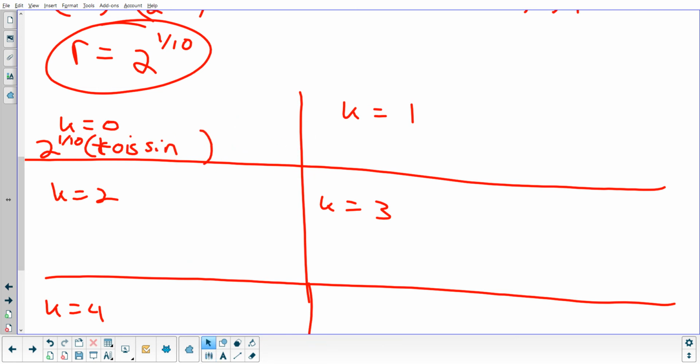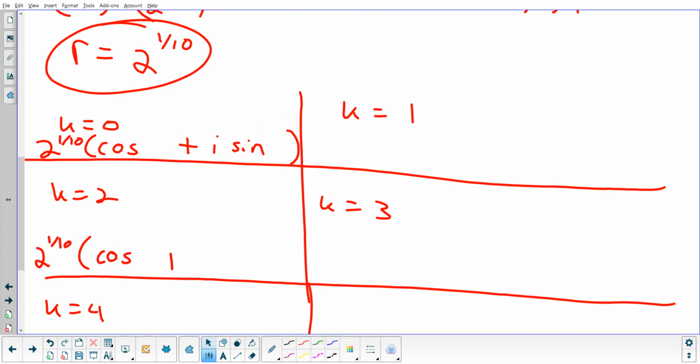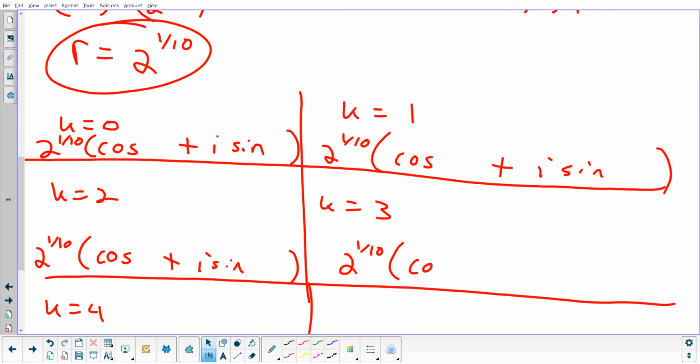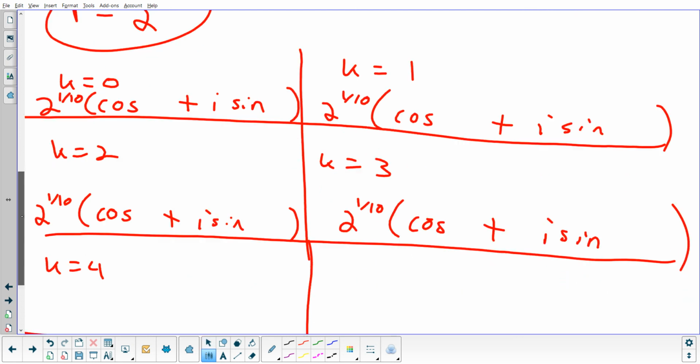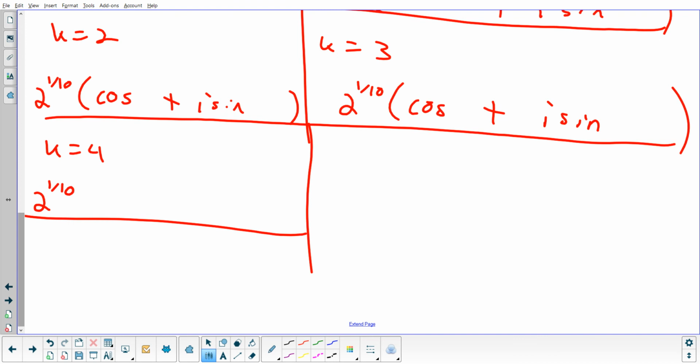It's just going to be quicker if I just write it. 2 to the 1/10 cosine i sine, 2 to the 1/10 cosine i sine, and so on for each answer.